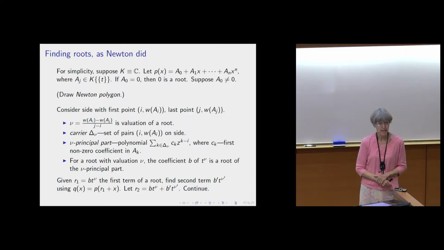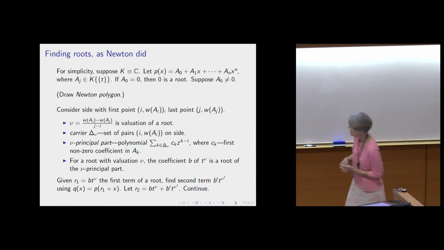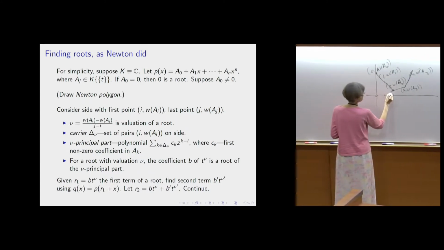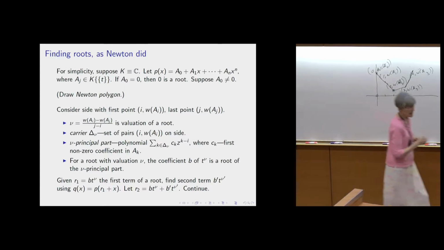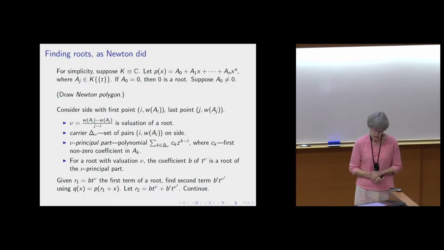So we've at least got the valuation part of the first term. So we want the coefficient also. So the carrier, that's the set of pairs on that side. So we've got three pairs on that side. So this one, and this one. And that's the carrier for that valuation.